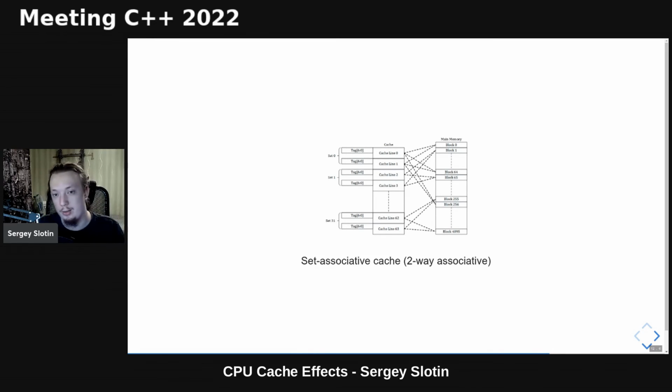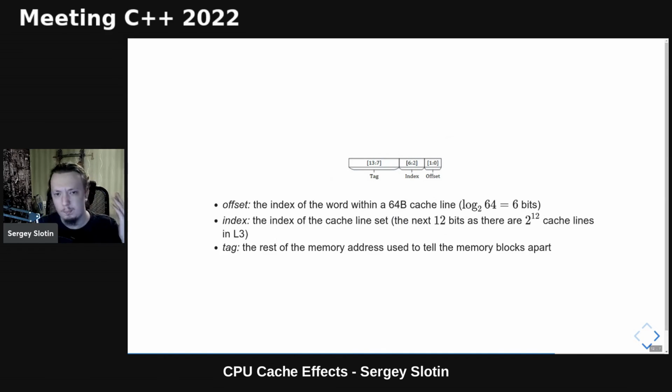Most other CPU caches are also set associative, except for the small ones that house very few entries and can afford full associativity. So there is only one ambiguity remaining: how exactly the cache line mapping is done. If we implemented set associative cache in software, we would compute some hash function of the memory block address and then use its value as the cache line index.